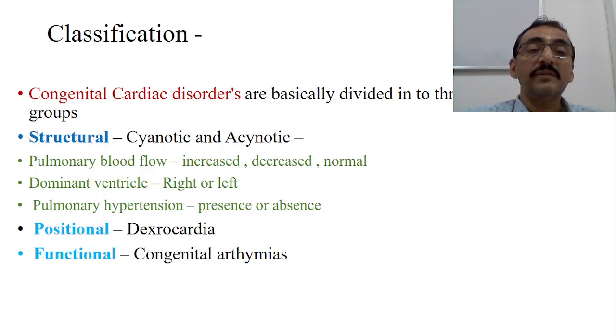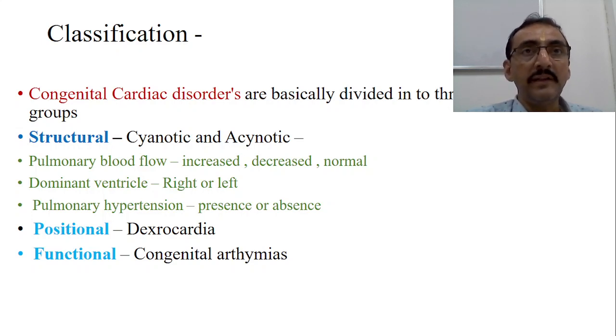And structural cyanotic with the dominant ventricle right or left, and structural acyanotic with the dominant ventricle right or left, and structural cyanotic with pulmonary hypertension present or absent, structural acyanotic with pulmonary hypertension present or absent. Actually, these are the detailed clinical divisions of congenital cardiac disorders.